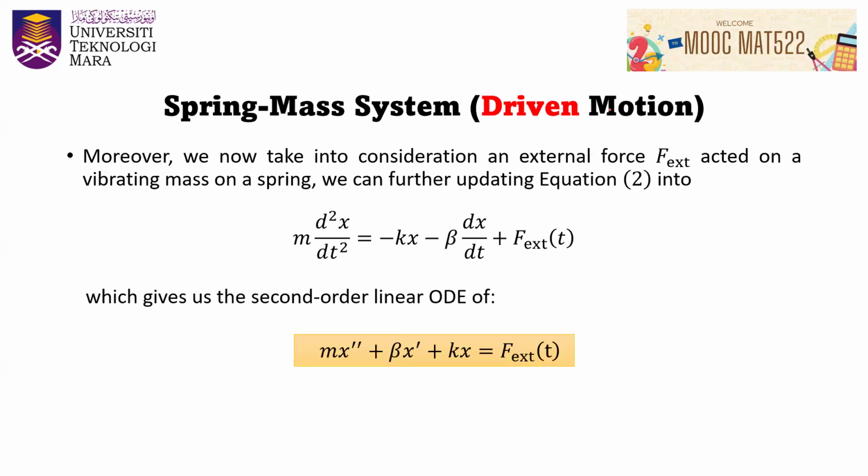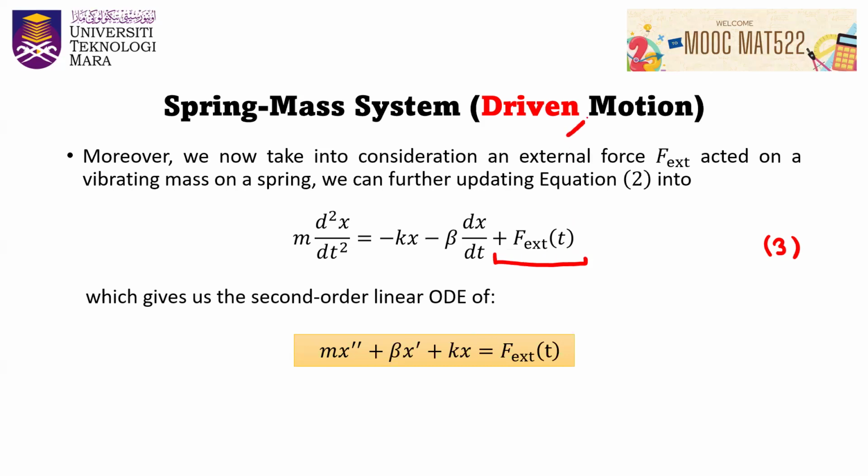Furthermore, if we now take into consideration external forces acting on it, then we can update equation 2 into the third and final one by adding the external force F of t. This gives us the next second-order linear ODE, mx double prime plus beta x prime plus kx equals F of t.